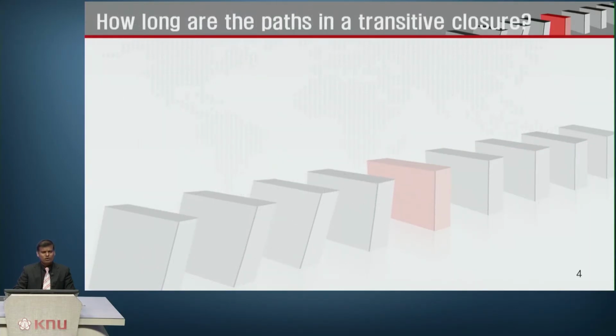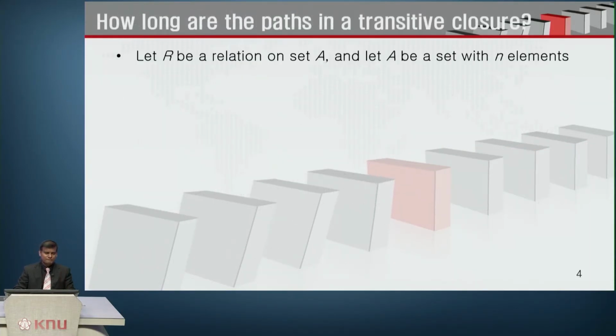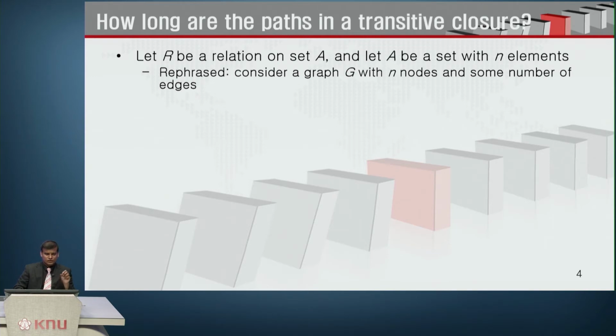Let's move on. How long are the paths in a transitive closure? With this, let's say R is a relation on set A, and A is a set with n elements. So consider a graph G with n nodes and some number of edges.